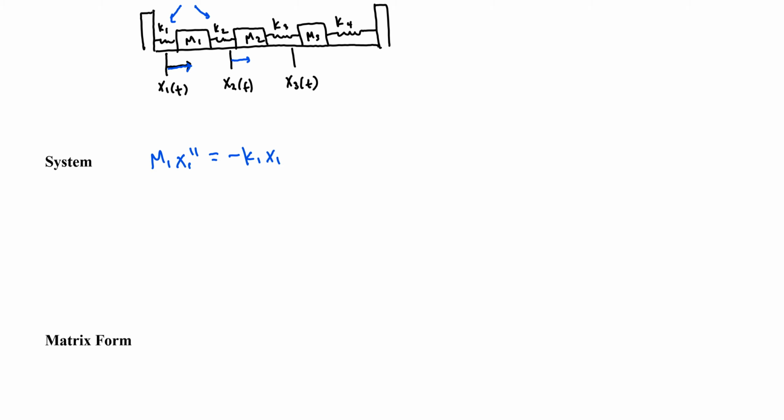Well, the net displacement for spring 2 would be the difference in those two displacements. So this would be plus k sub 2, spring constant from the second spring, times the net displacement of that second spring. So this represents the distance that spring 2 stretches.